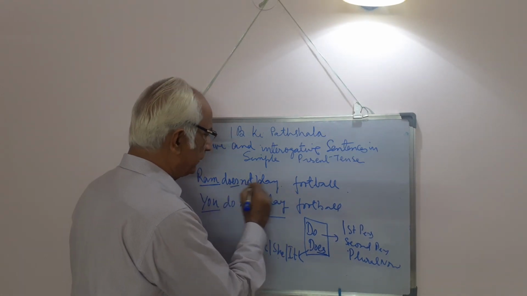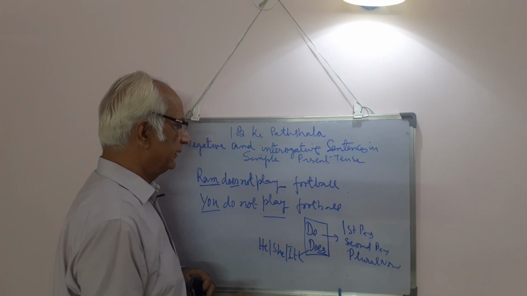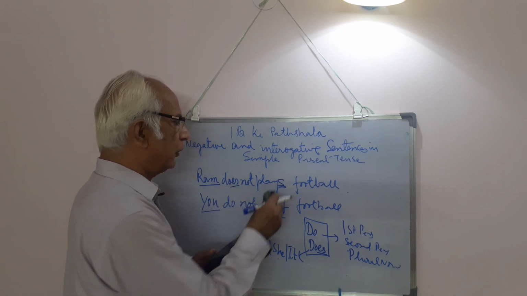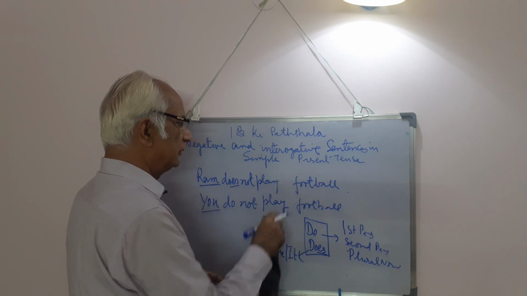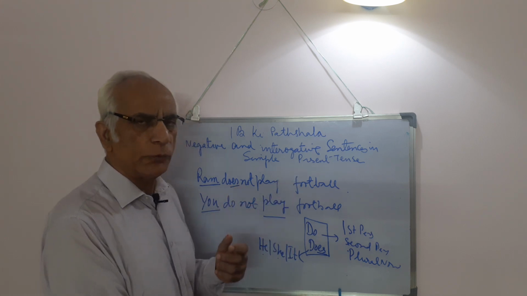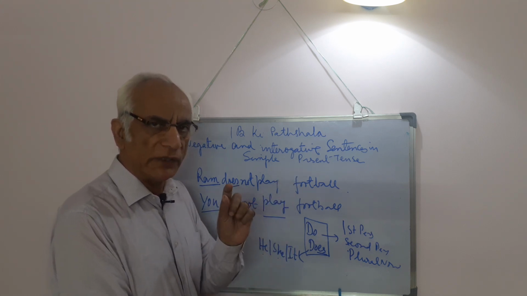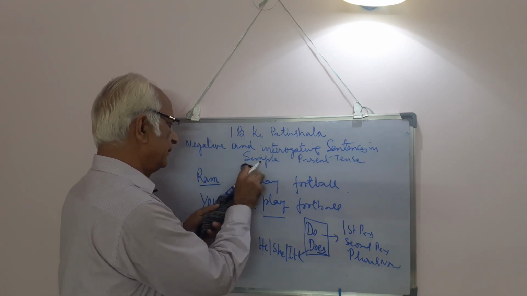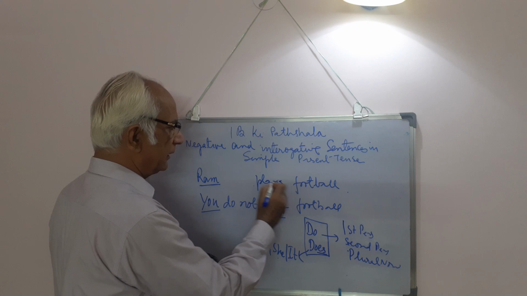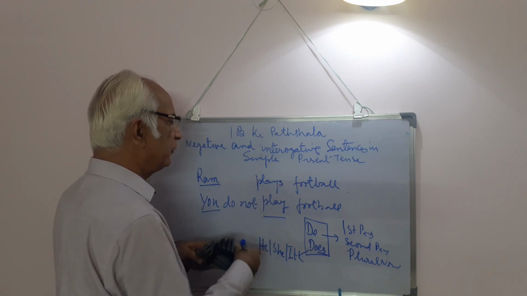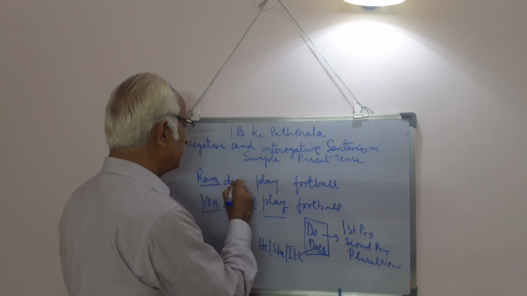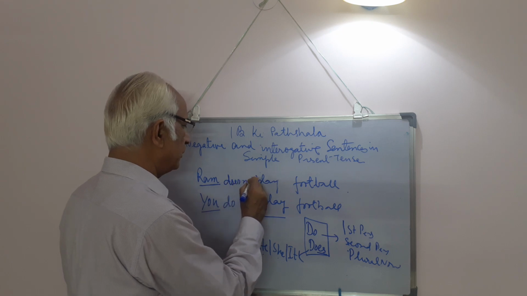This is an important thing. Most of the students make a mistake here. They will write does and plays, which is wrong. The s or es is to be written only with one word. If does is not there, let's say Ram plays football. But if we are writing a negative sentence, then it will become Ram does not play football.